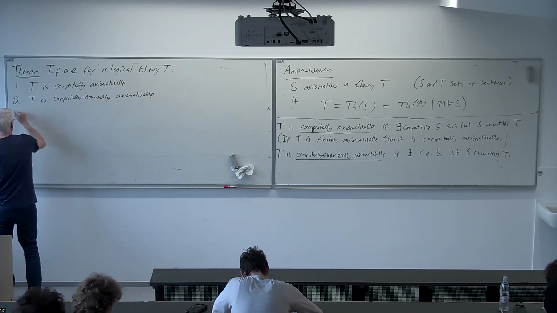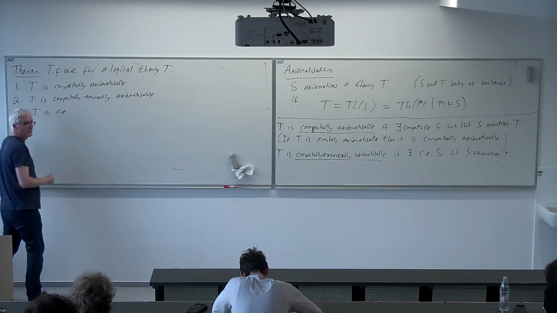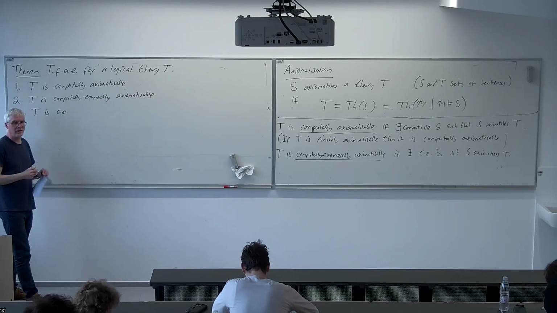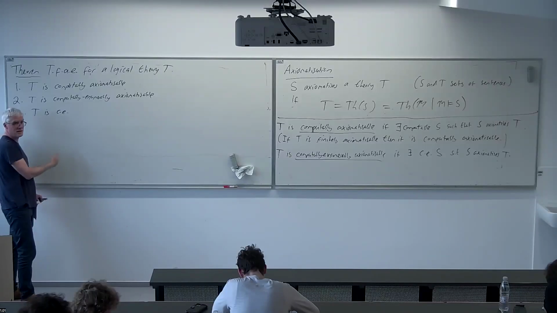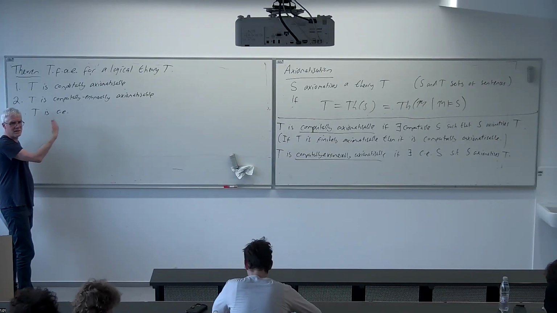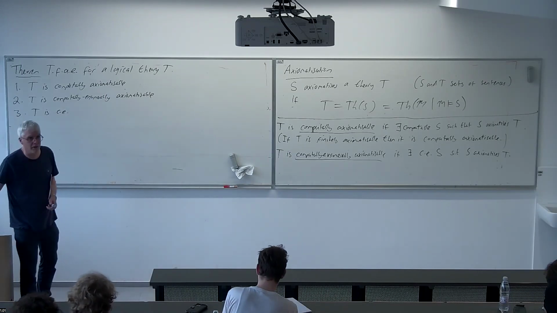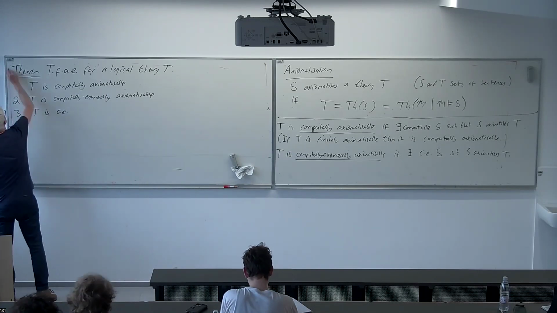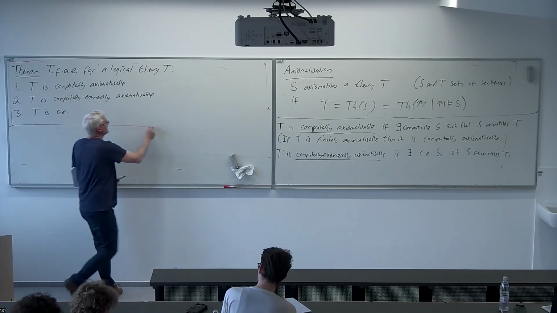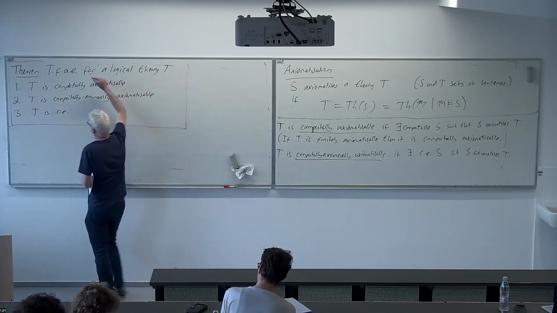And thirdly, T is just simply computably enumerable. As a set of sentences, it is itself semi-decidable. So that's our first main result for today. And we're going to prove this after the break.